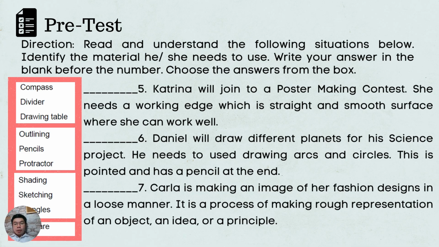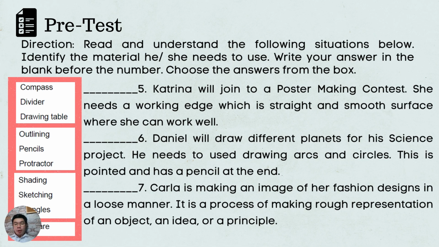6. Daniel will draw different planets for his science project. He needs to use drawing arcs and circles. This is pointed and has a pencil at the end. 7. Carla is making an image of her fashion designs in a loose manner.